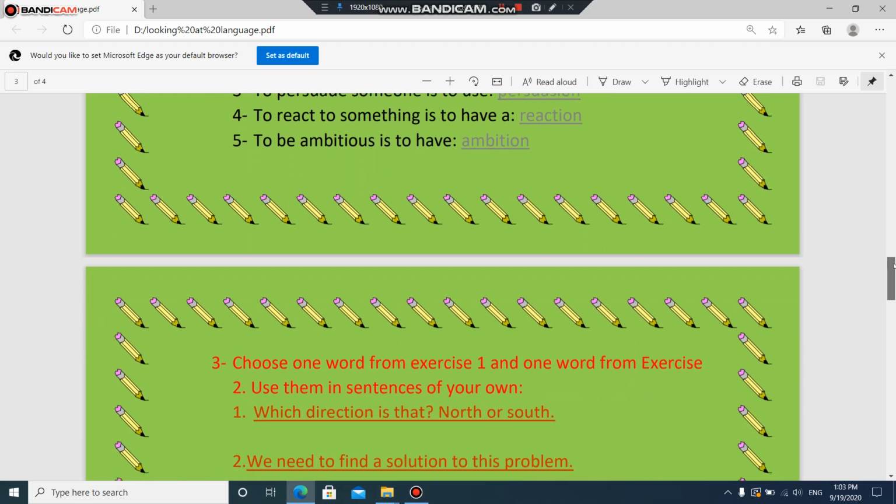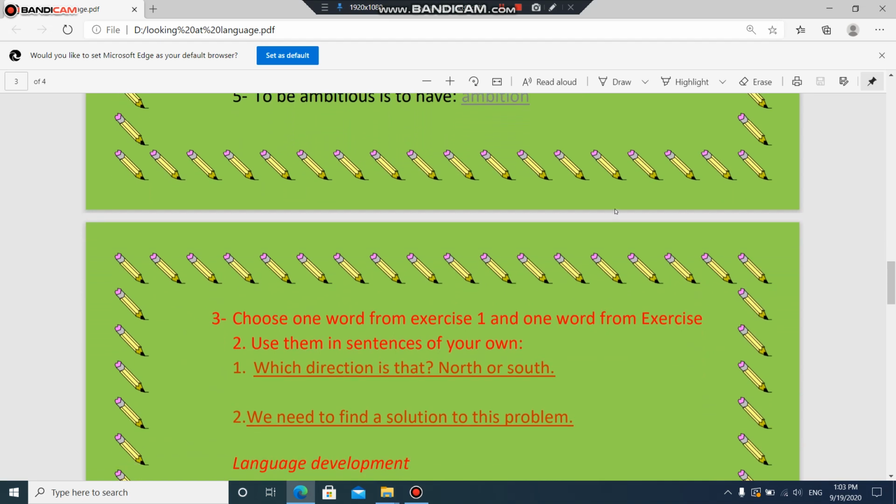Okay, now guys, exercise number 3. Exercise number 3, page 6. Choose one word from exercise 1 and one word from exercise 2. Use them in sentences of your own. Here guys you do not have to memorize, you have to understand.